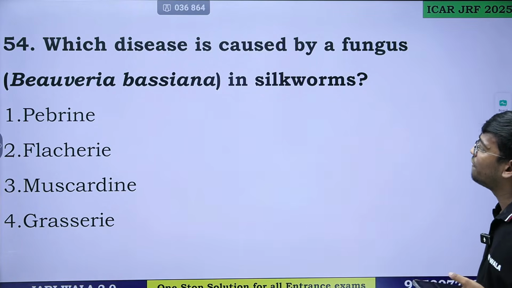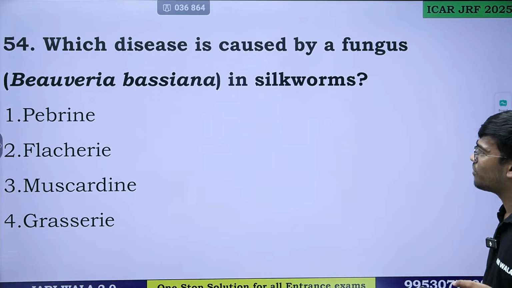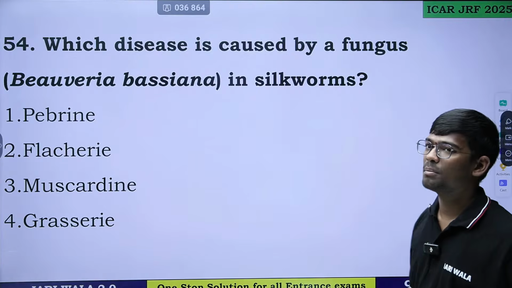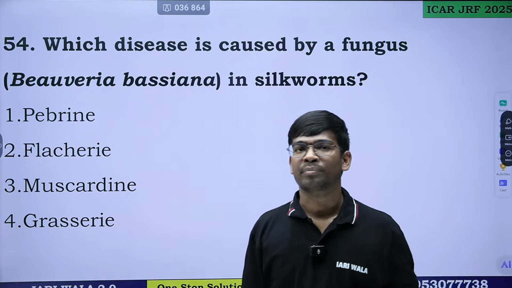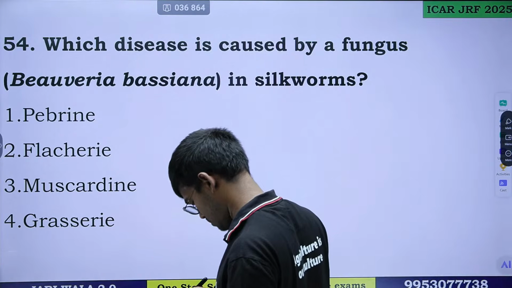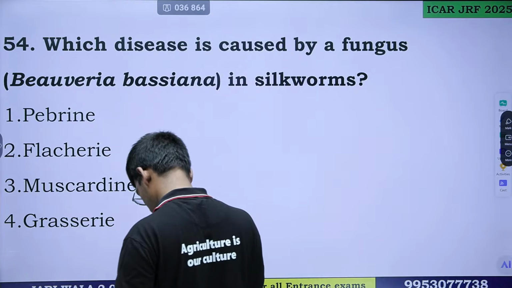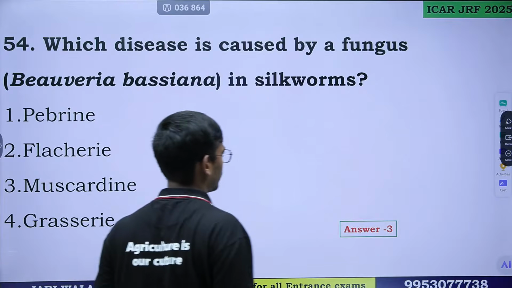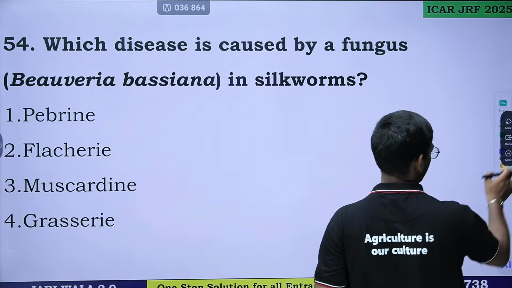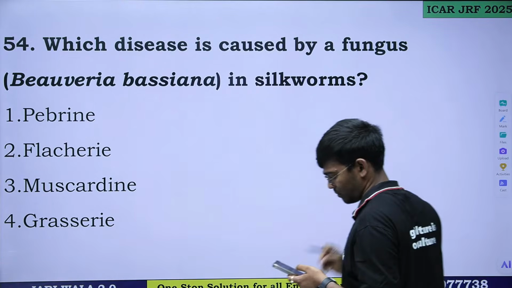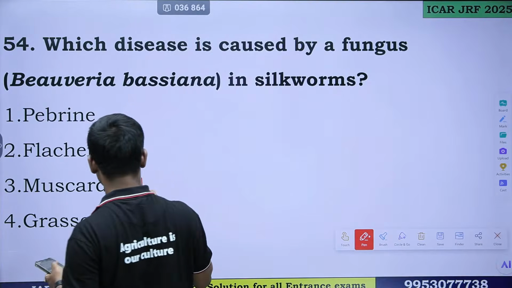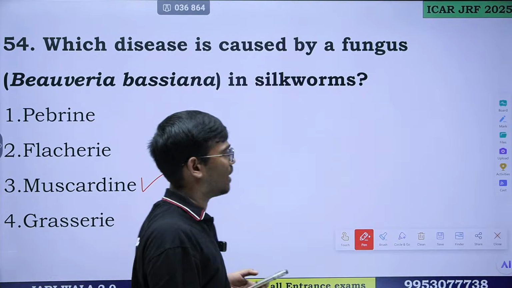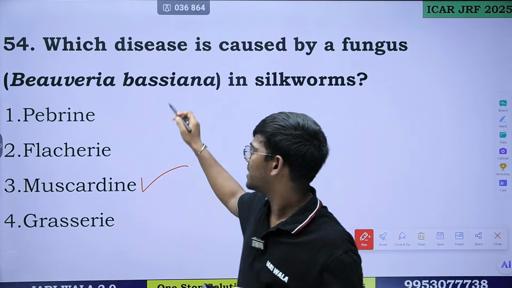Question 54. Which disease is caused by the fungus Beauveria bassiana in silkworms? That is nothing but white muscardine fungi. It is a muscardine fungus, specifically white muscardine.